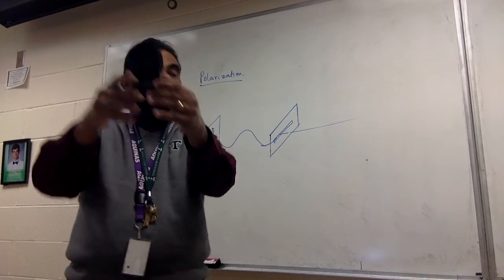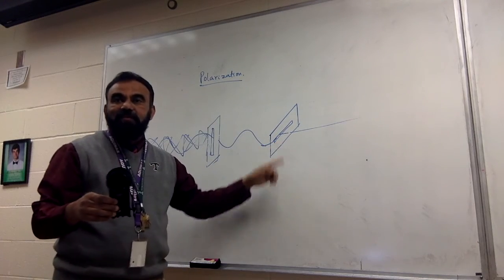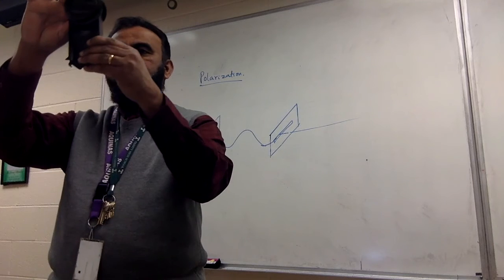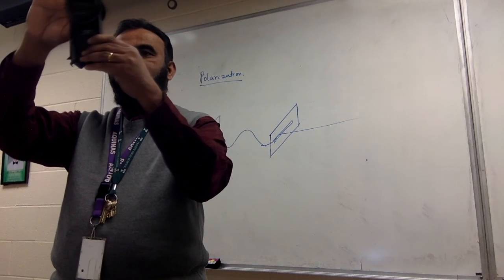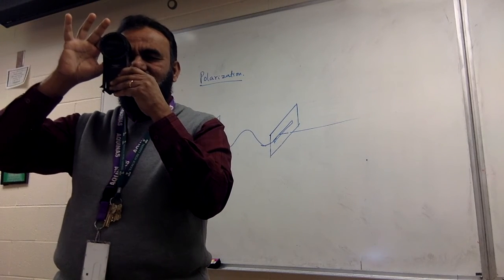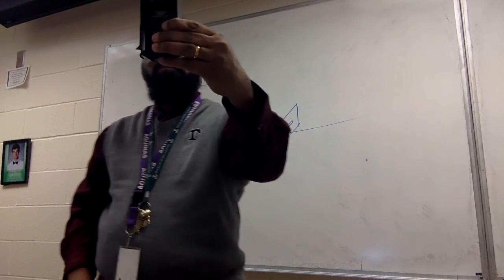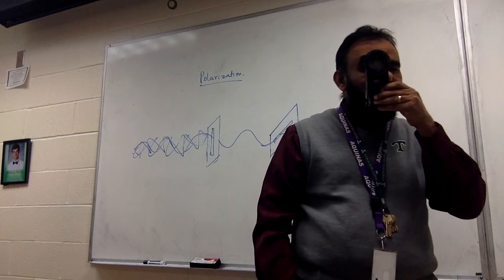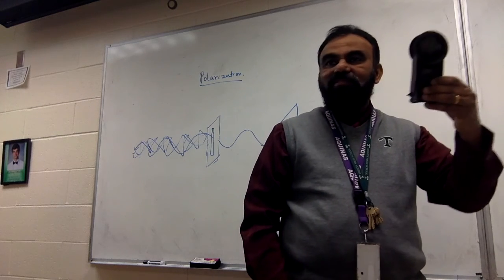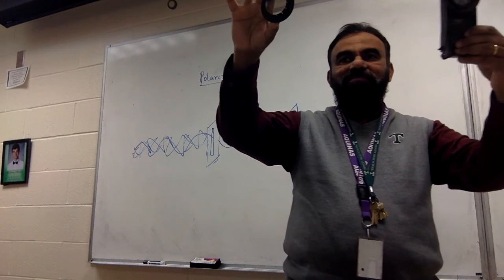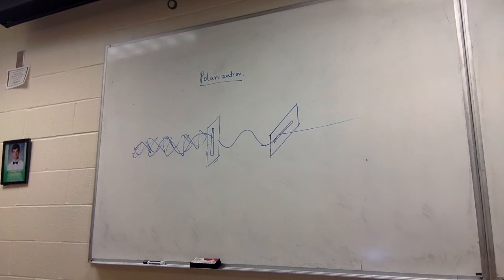What if I turn one of these through 90 degrees and make it like that? It will just stop the light completely. Look, I'm turning it through 90 degrees, and it's totally pitch black. I cannot see you through this. Although they are transparent, look. They are transparent. It's polarized, but now it sees black.